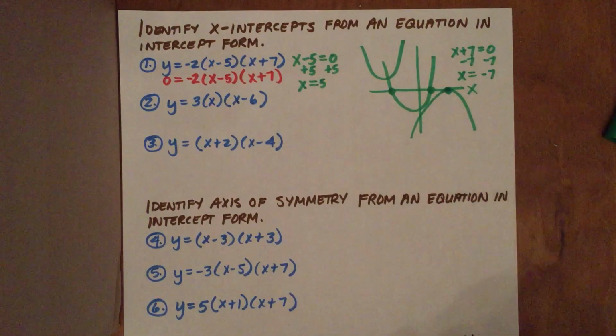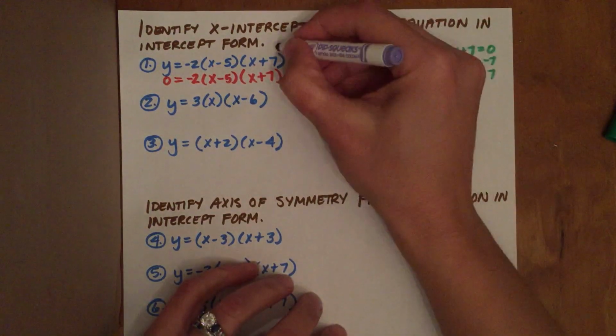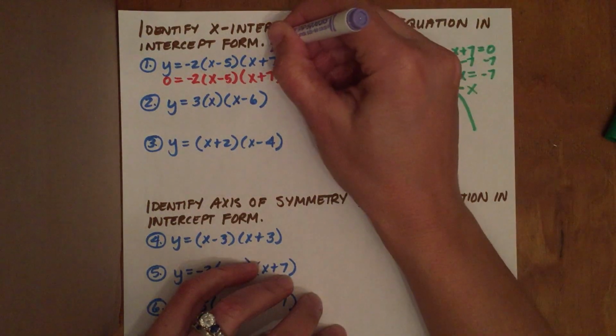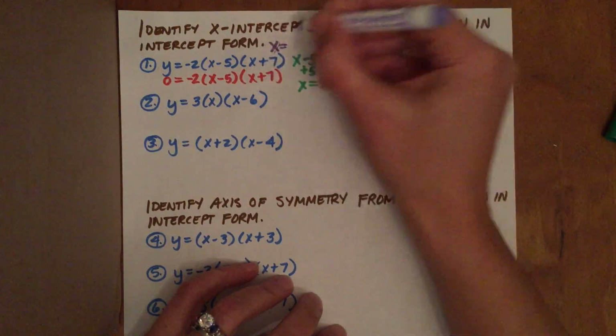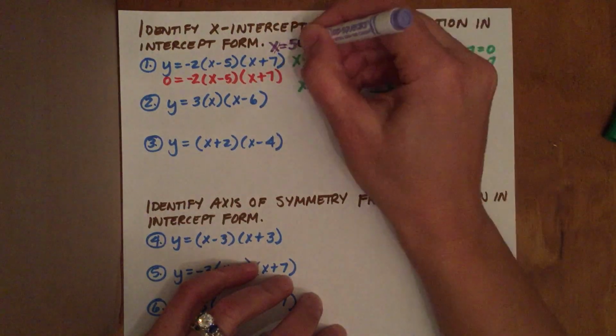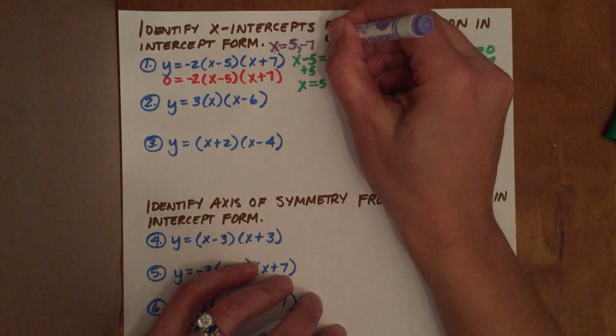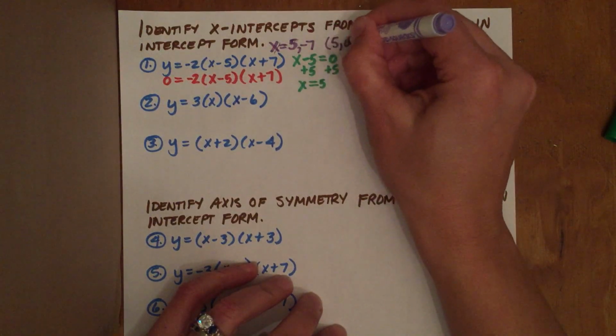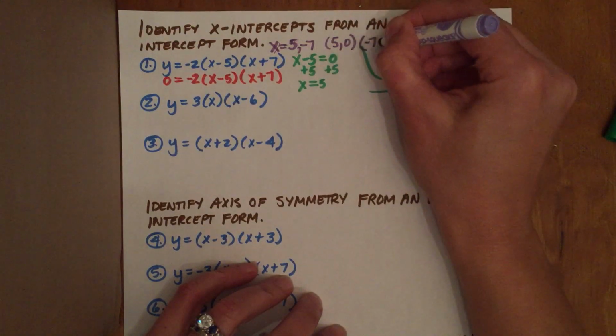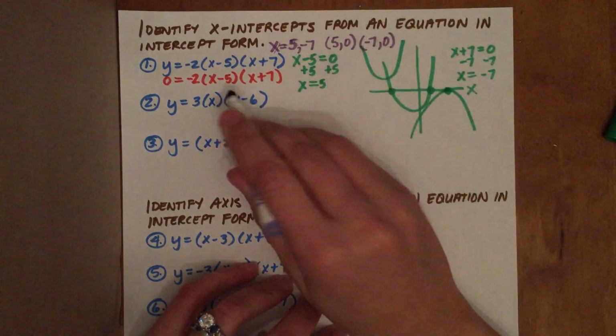So my final answer to number 1 is my 2 roots are x equals 5 and -7. If we were to write these properly, that would be (5, 0) and (-7, 0). Those are our 2 roots.